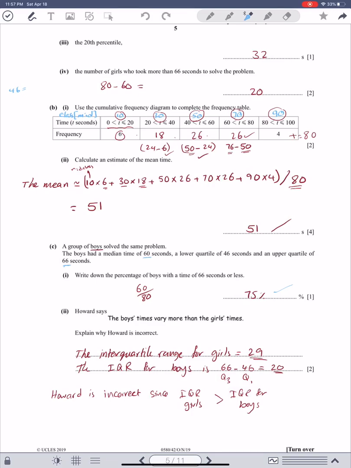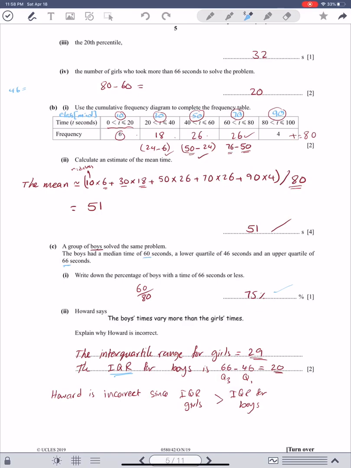The last part for this question: Howard says the boys' times vary more than the girls' times. Explain why Howard is incorrect. We can do this question in many ways in advanced statistics, but here we use the interquartile range (IQR) for both.